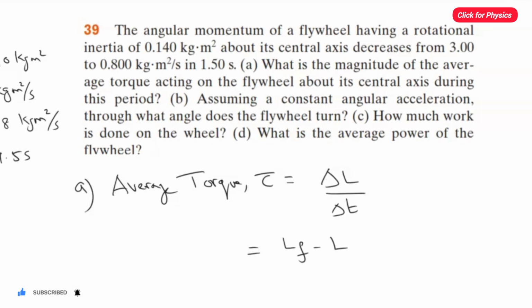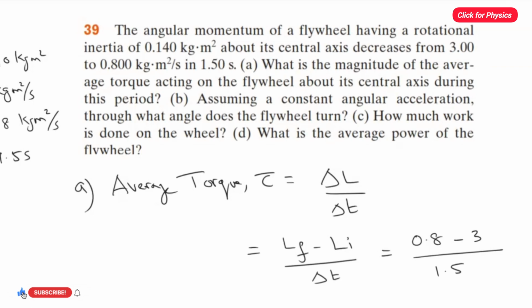L_F minus L_i, divided by delta t, which is nothing but t_f minus t_i, but they gave the value directly as 1.5. So now I'm going to substitute the values. What is our value for L_F, which is 0.8, and then the L_i value is 3, divided by 1.5.